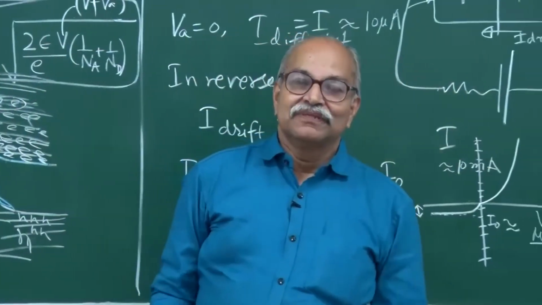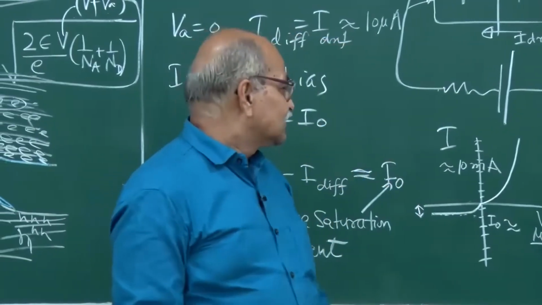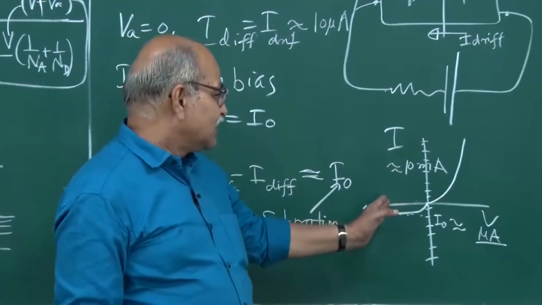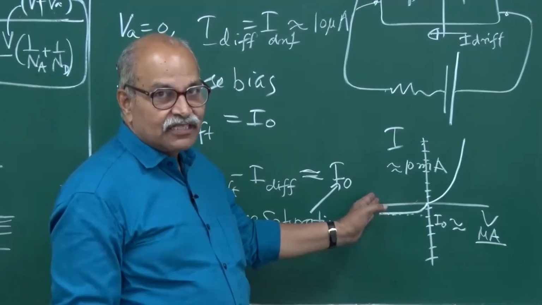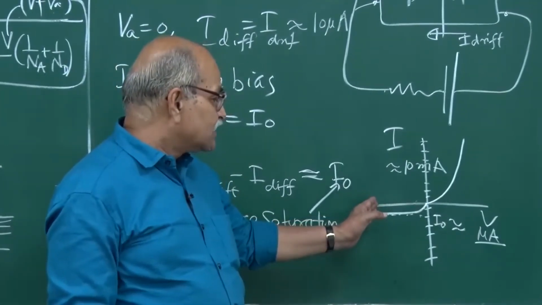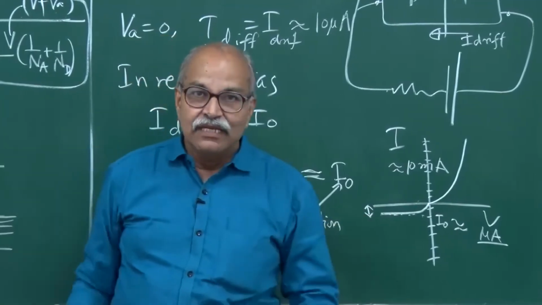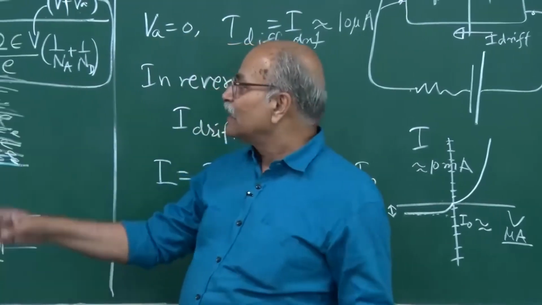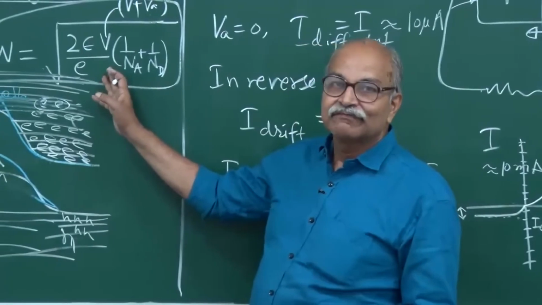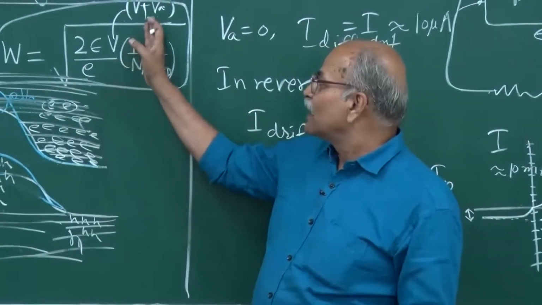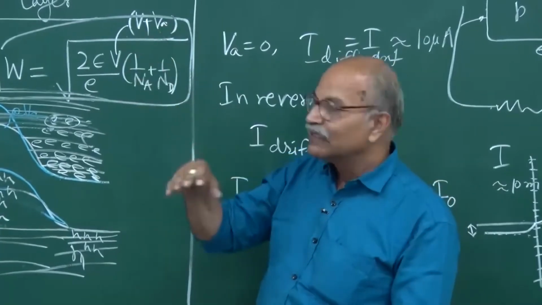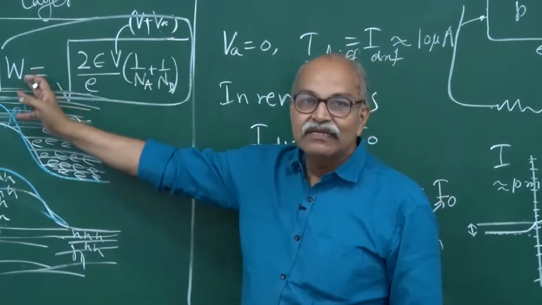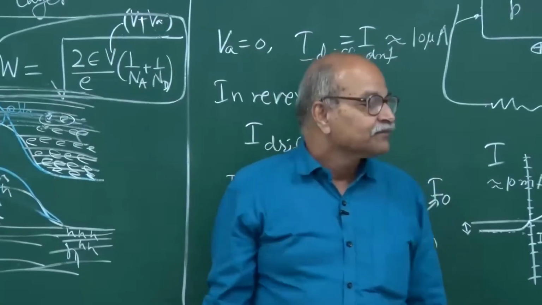So now let me talk of what happens if I have very large reverse bias voltage. Large reverse bias voltage also means wide depletion layer, this equation. If you apply a large reverse bias voltage, you are increasing the barrier, and therefore you are widening the depletion layer.